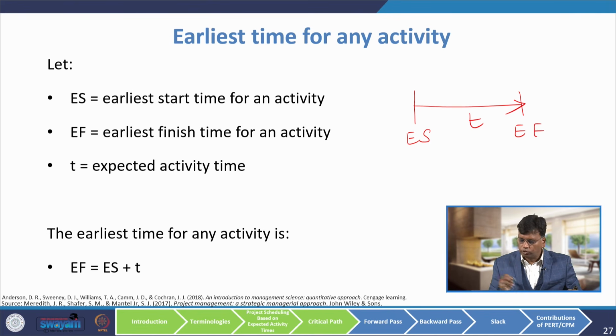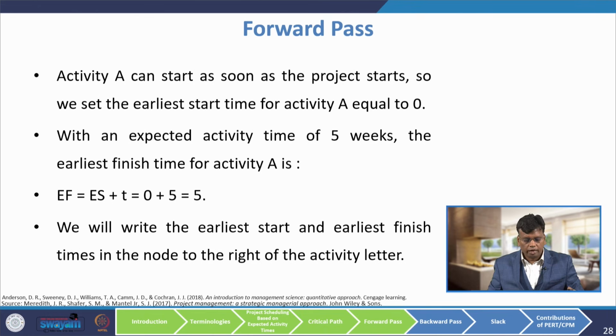If we want to know the earliest finishing time, it is the earliest starting time plus the duration of the activity. Activity A can start as soon as the project starts, so we set the earliest start time for activity A equal to 0. The earliest finishing time will be the earliest starting time 0 plus the duration of activity 5, so 0 plus 5 equals 5.